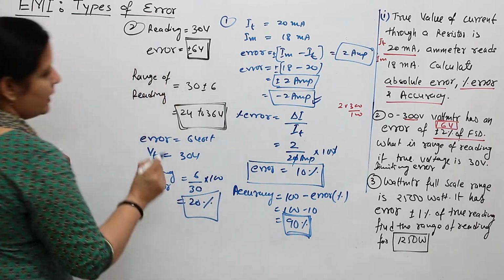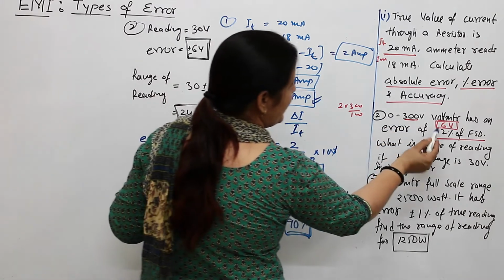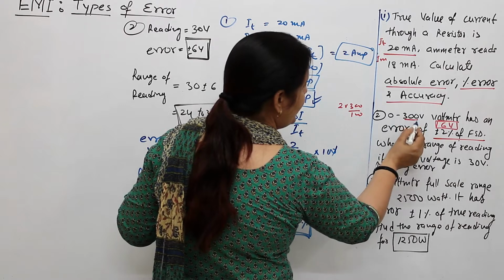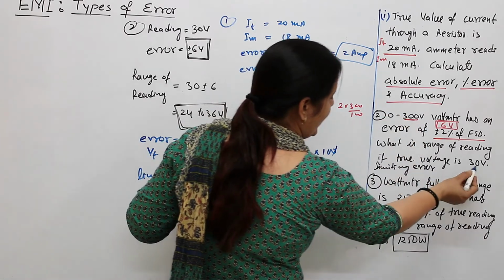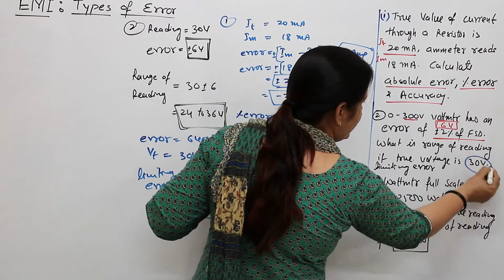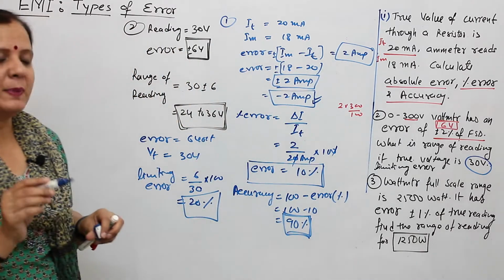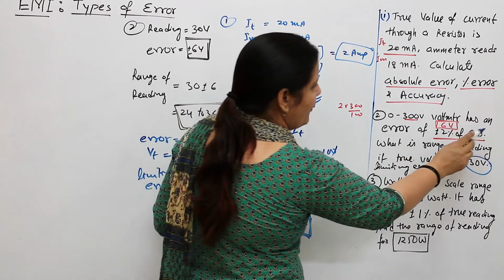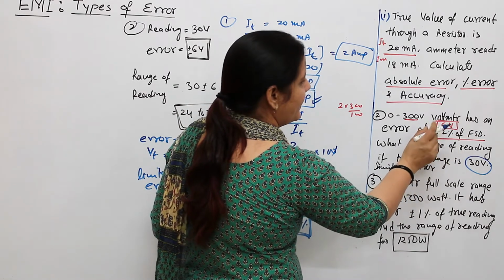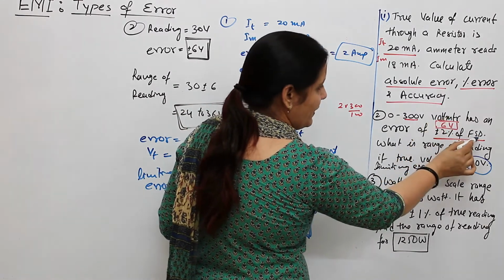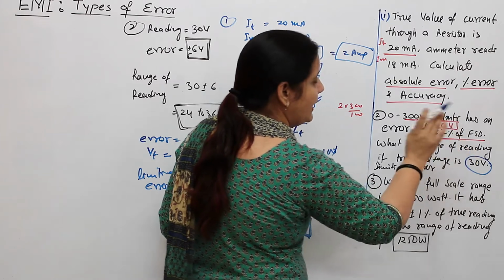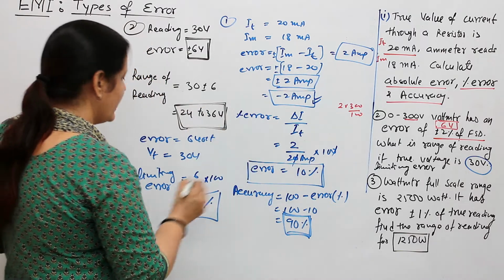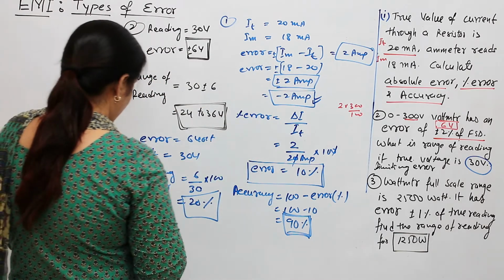So a voltmeter that gives plus minus 2% of FSD, with maximum value 300 volt, will have a percentage error of 20% when it reads 30 volt. As I explained in my previous video, in case of FSD, error will be minimum at the highest value of measurement, and it will keep increasing as you measure at lower values.